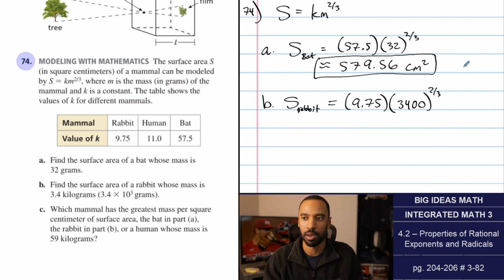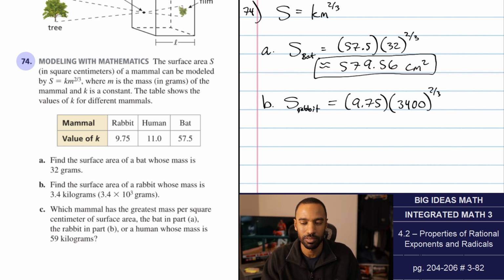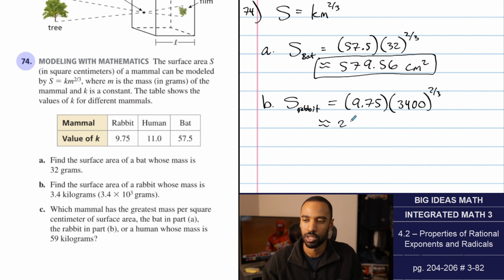It has a different constant though, right? So 9.75 times 3,400 to the 2/3 power. We are getting 2204.57 square centimeters for that heavy of a rabbit.